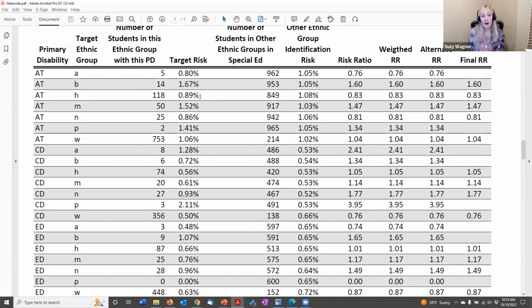If we compare this identification rate to non-Hispanic students, which happens to be 1.08%, so 849 non-Hispanic students across the state were identified with autism. So if we divide 0.89 by 1.08, we get 0.83. So this tells us that Hispanics are a little less likely to be identified for autism than non-Hispanic students.